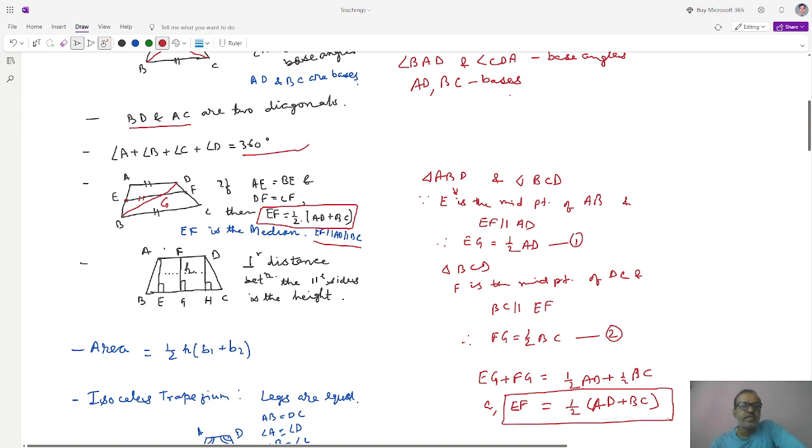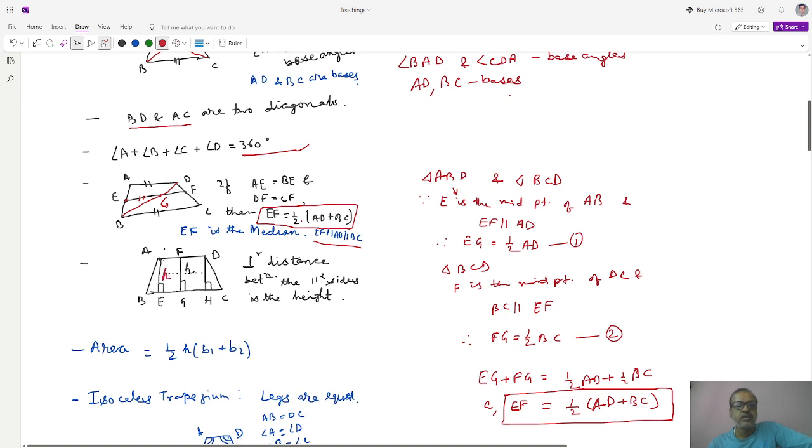Next, what is the height of this trapezium? We have to know what is the height of this trapezium. If we draw a perpendicular from vertex A to the base BC, then the distance will be the height.